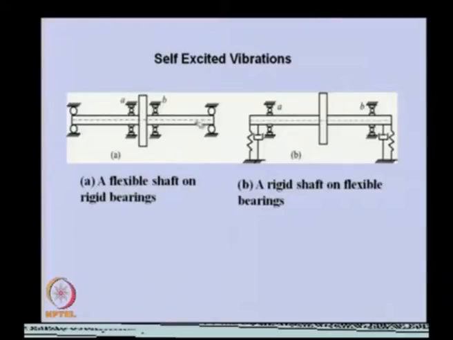If we rotate this rotor, it will start whirling. If these bearings are not there, it will whirl because of the unbalance. Now if we want to stop the motion of this disc by providing two bearings very close to the disc, obviously the motion of the disc will be arrested.